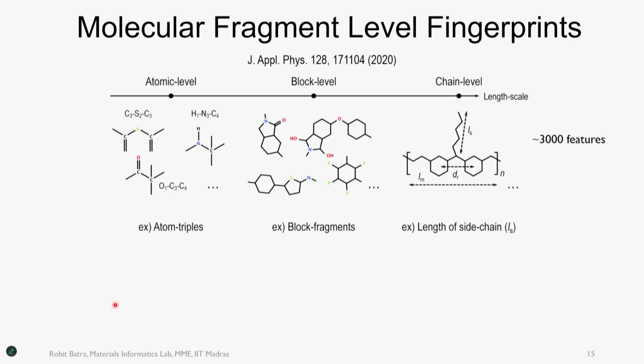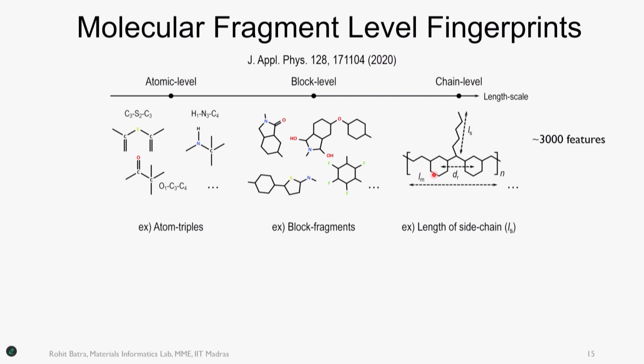Okay, so now because these limitations are there, they not only look at these triplets, they added a few more higher fragments which they call block level. And if you know polymers, there are much larger length scale mechanisms happening.